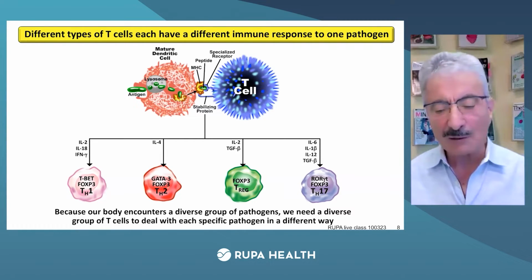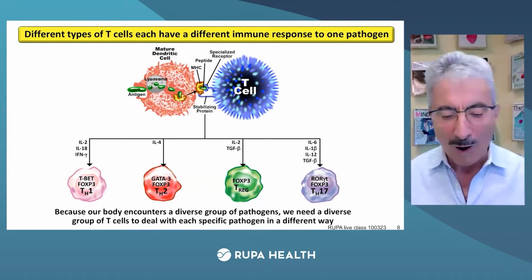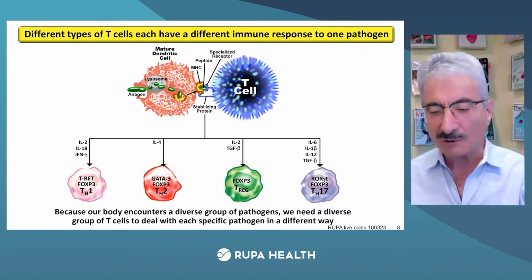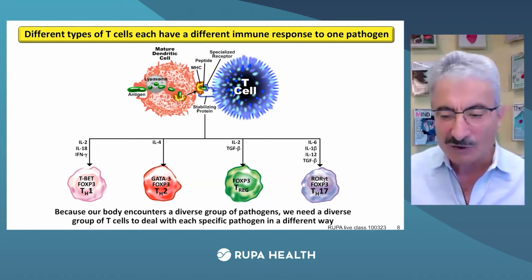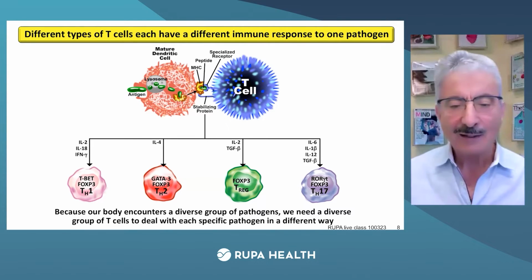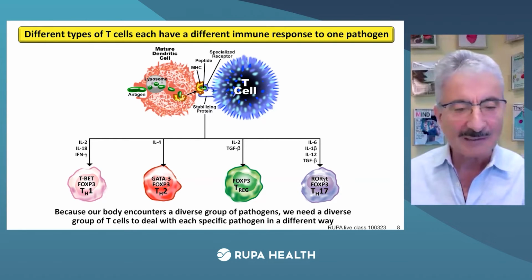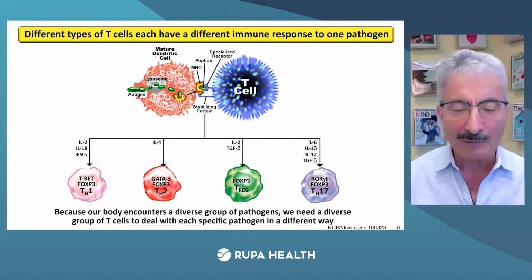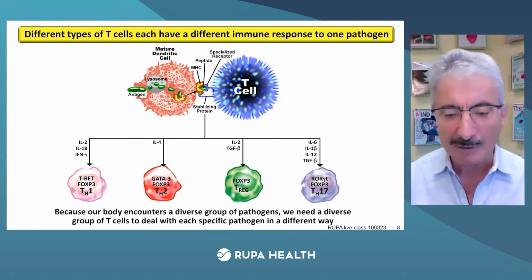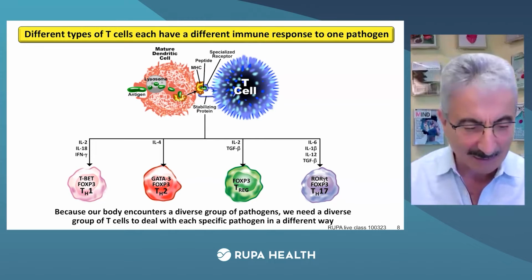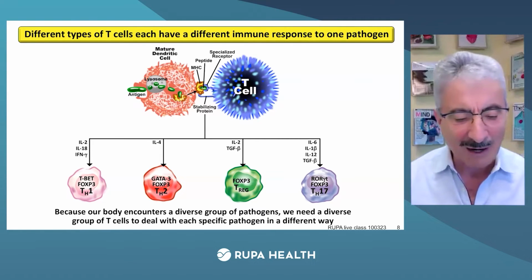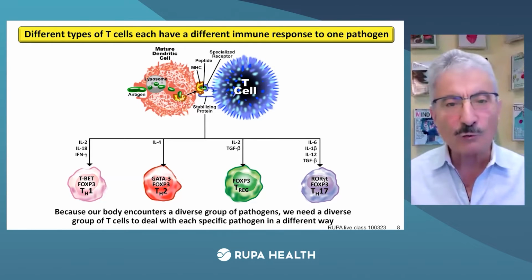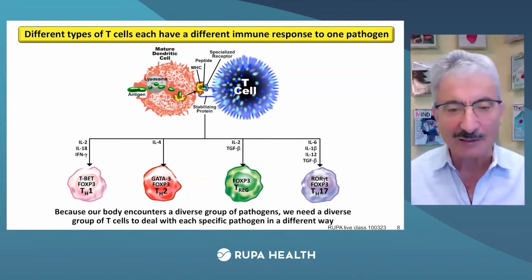So the question here we are asking is, why do we need so many T cells? Th1, Th2, Treg, Th17, Th9, and follicular T helper cells that are not in here, but these four are clinically very important. That's why I'm emphasizing them. The answer is because our body is exposed to a diverse group of pathogens and antigens.